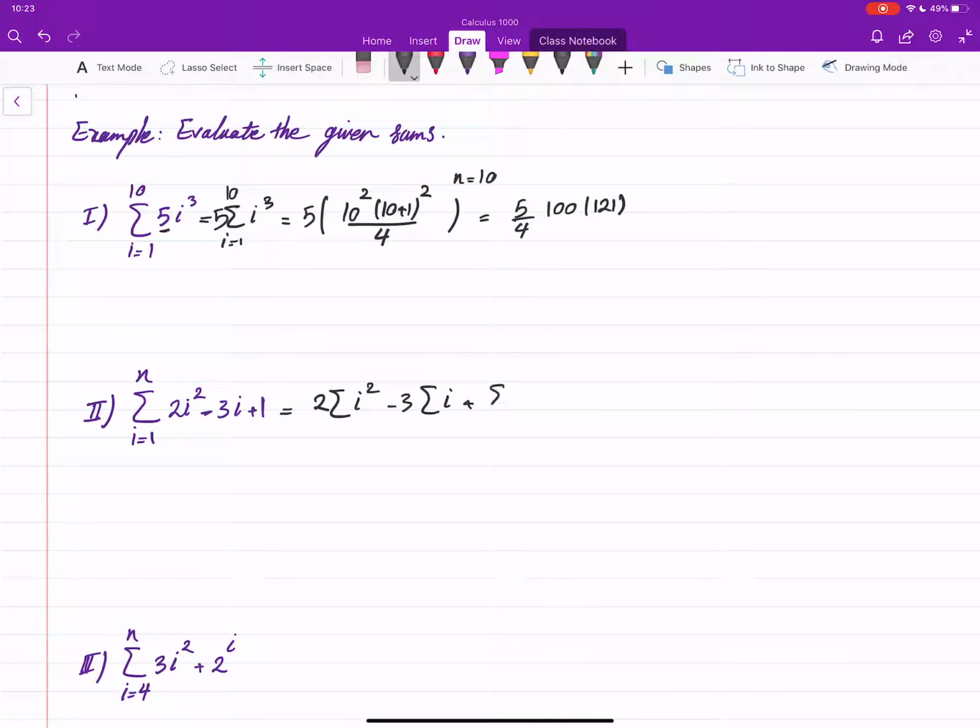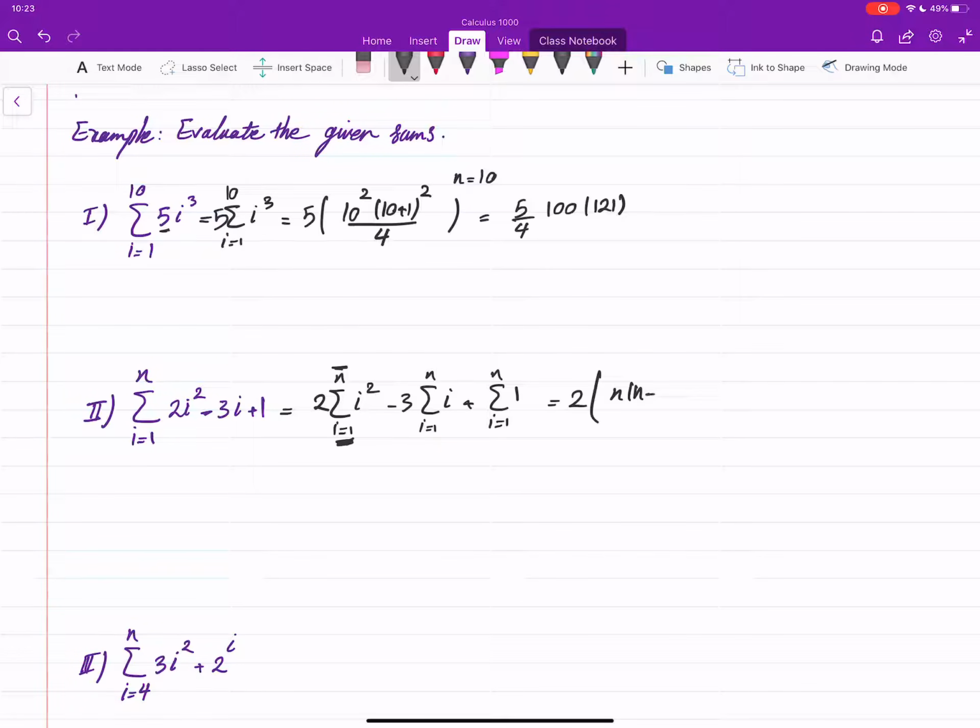Sigma of 1, i goes from 1 to n. The formula for the sum of i squares, there's a 2 up front, is n times n plus 1 times 2n plus 1 over 6. You note it starts from 1, goes to n.